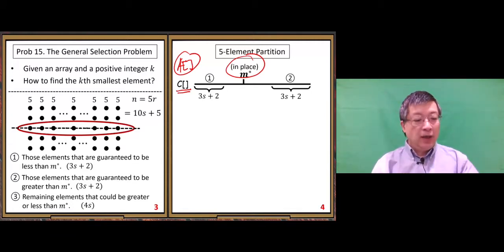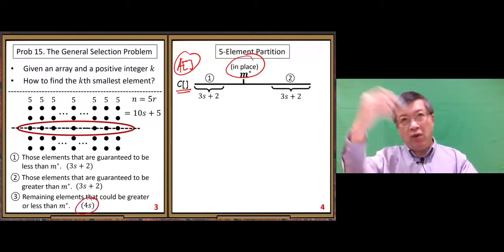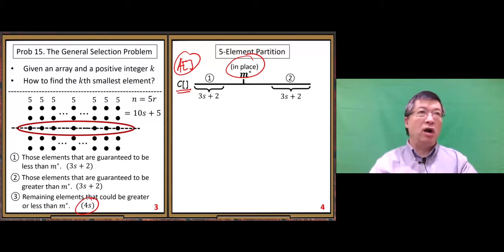Then for part 3, block 3, the unknown part, we do 4S comparisons, comparing each one with M star.